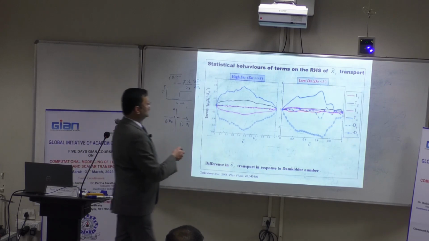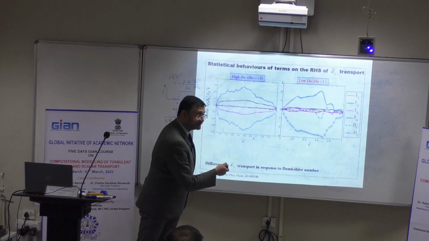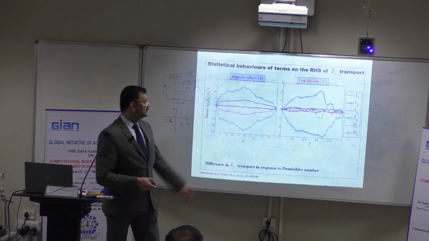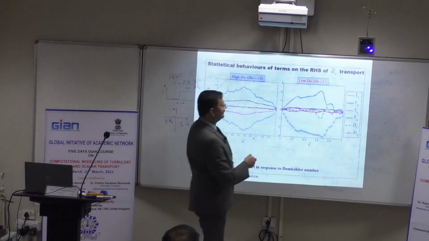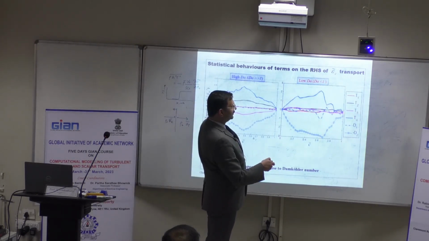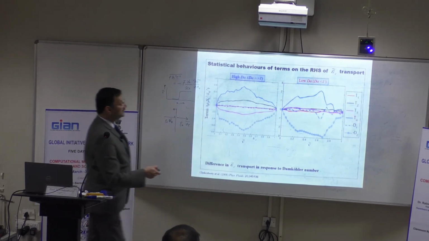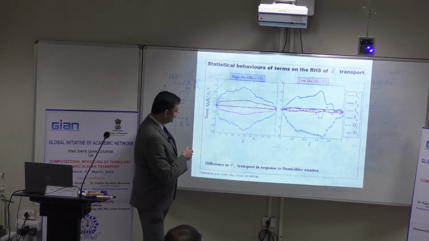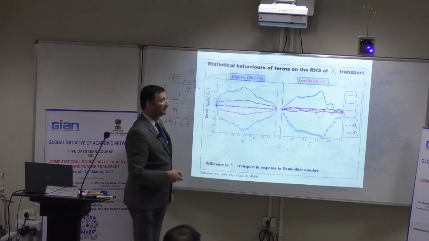For high Damköhler number conditions, the term arising because of density variation plays a very, very important role. It is not zero, still plays somewhat important role. D3 here works like a sink term because it's negative.